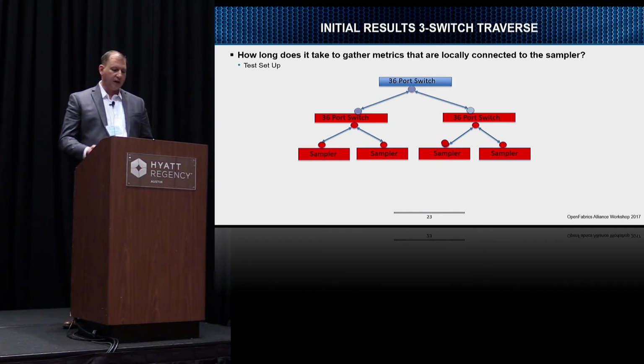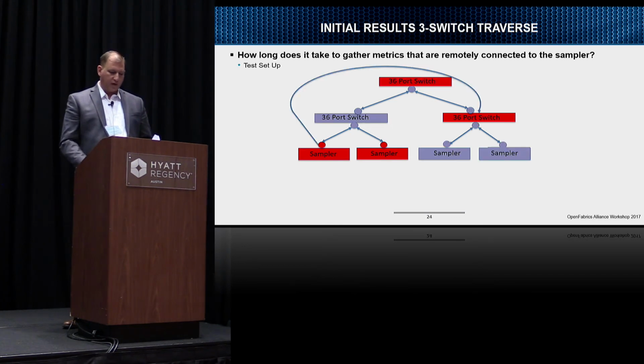We wanted to see what the time was for getting that information, and we also distributed it across the network. So in another case, we took our samplers and sampled the local switch, and then tried going across the network to a remote switch, or maybe to a core switch.